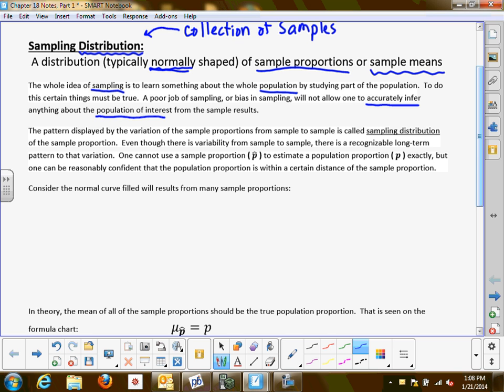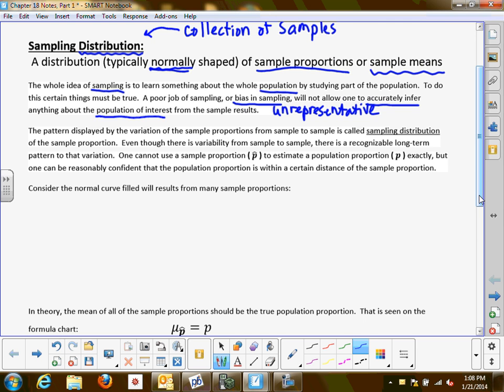In order to do that, there are some critical things that must happen. If you do a poor job of sampling, then you might have bias. You may have something that's unrepresentative, and those would be reasons to totally throw out your data. That's why the very first thing we talked about this year is getting a representative sample, because without that, you just forget everything else.